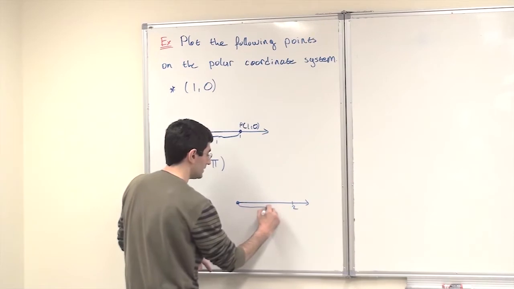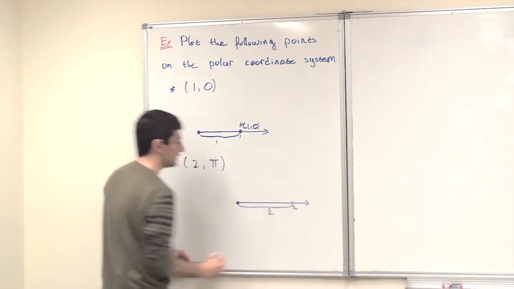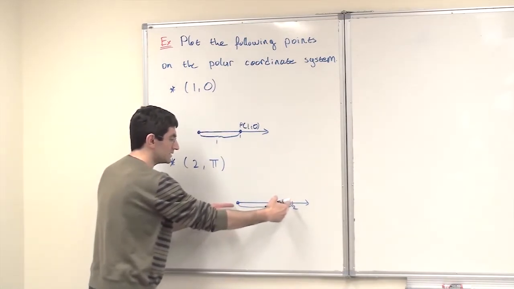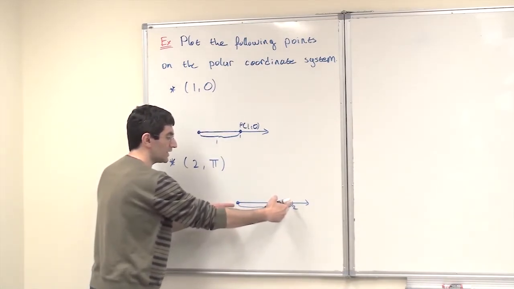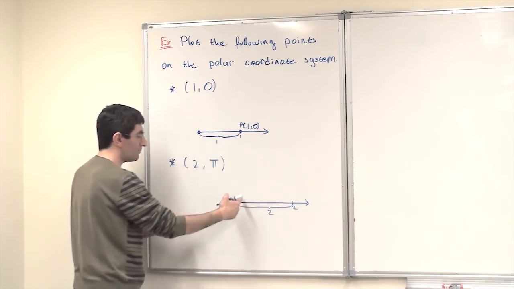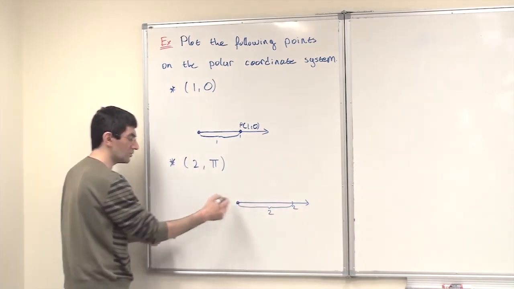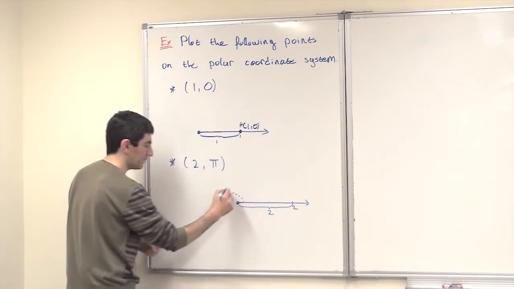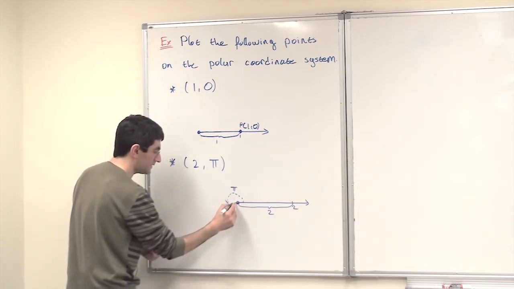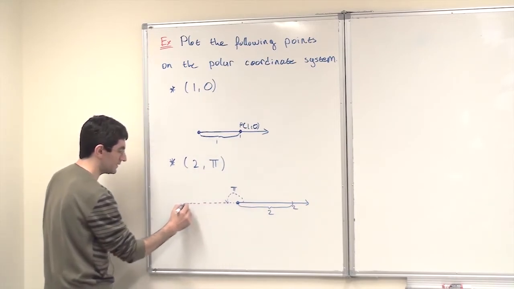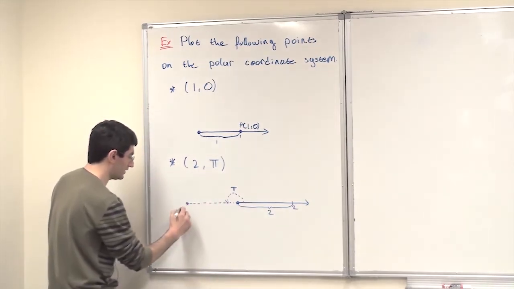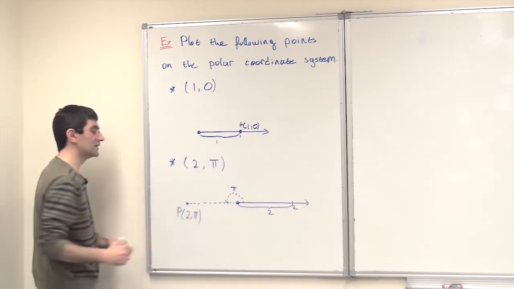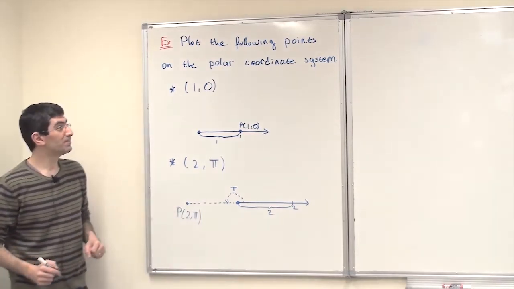So I mark a distance of 2, and then I rotate this distance measured on the polar axis by an angle of pi in the counterclockwise direction. And I find that point. So the point 2, pi is located here.